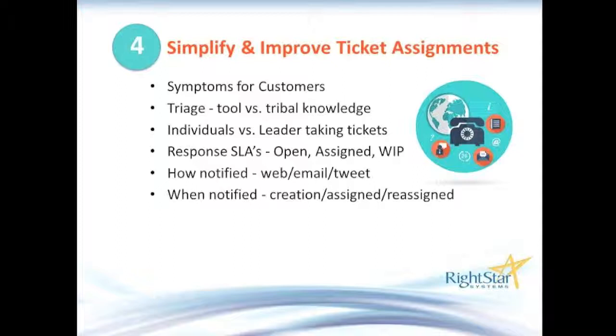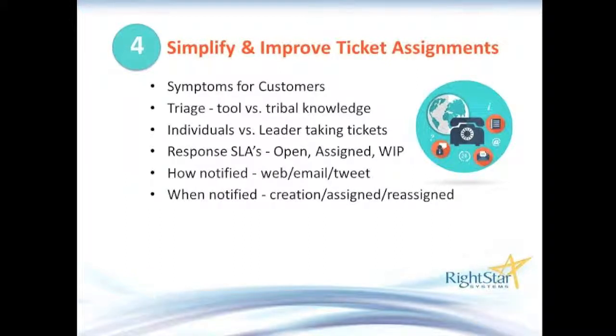But even if they're not doing self-service, if you can have a field with a list of symptoms, and so your call center takes the call from the customer, and they're saying, what is the symptom? And the customer's not really sure, and you read from the list of some of the usual symptoms. They go, yes, that's what I want. Well, guess what? Based upon that symptom, we can now quickly assign this to the right team.